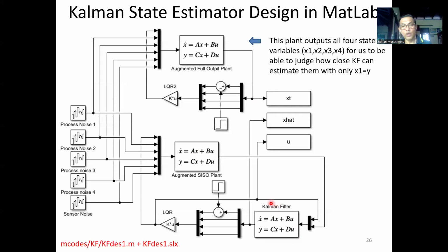Whereas this one has only one feedback, the first element, and the Kalman filter estimates the other 3, altogether 4. So except for that difference, you have the same system running. For comparison purposes, the true system with full state feedback, and the second one with only one state feedback, but the Kalman filter is there to estimate the other states.